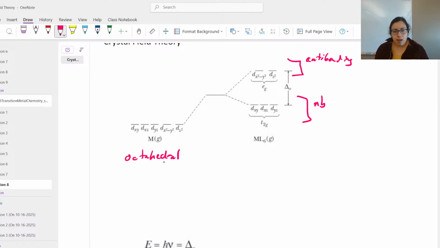Okay, these are anti-bonding orbitals, and let's draw out what they are. That's going to be your dz squared. Then you can think about how this would bond, and just looking at your z axis, we could draw how your ligands would go. There would be something like this.